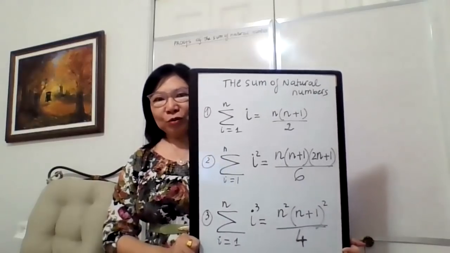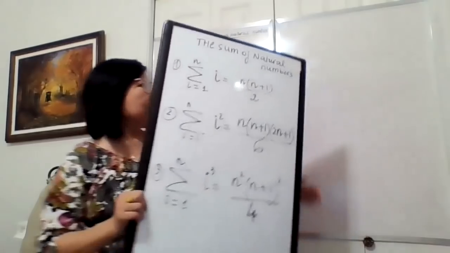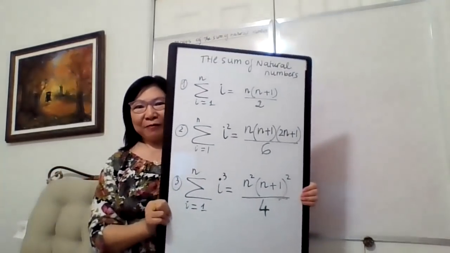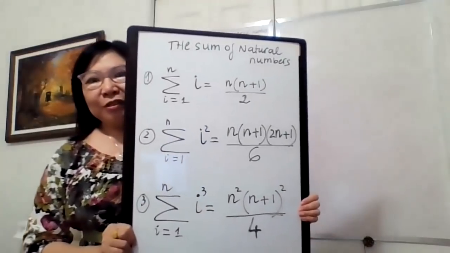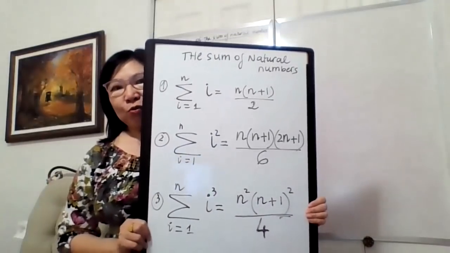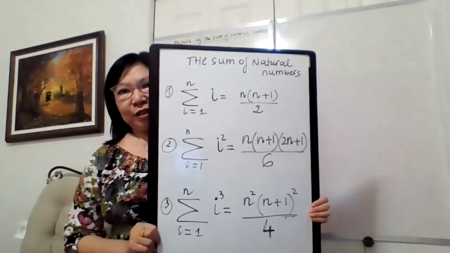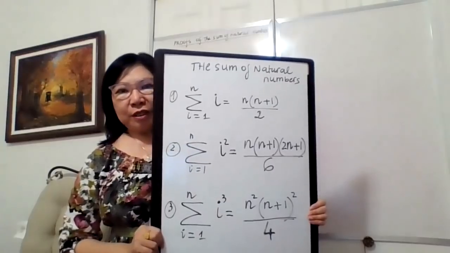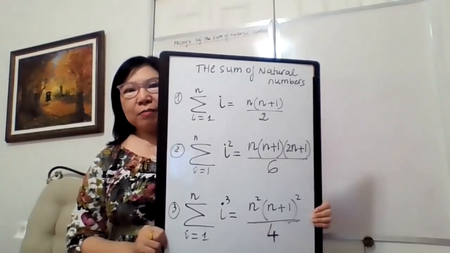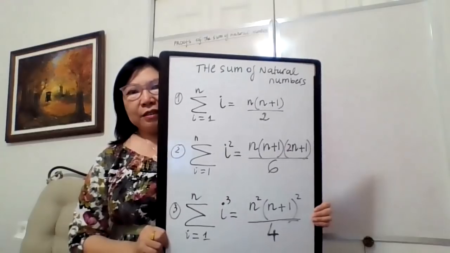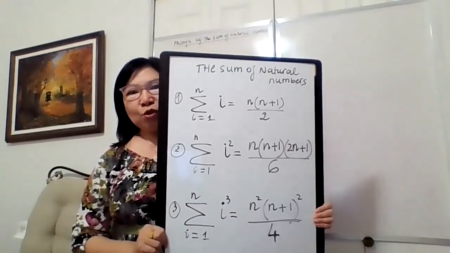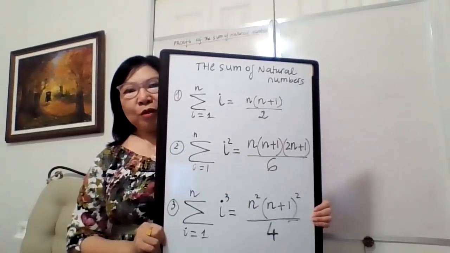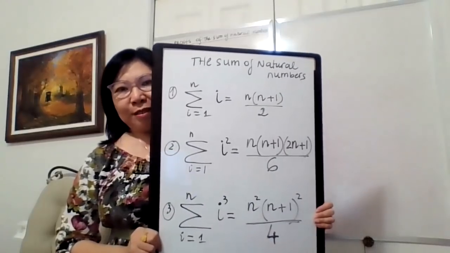I knew that I have to use the whiteboard so that I have enough room. So I just want to remind you about these three big algebra expressions we have learned so far about the sigma notation. The first one is the sum of natural numbers, the second one is the sum of the squares of natural numbers, and the third one is the sum of the cubes of natural numbers.